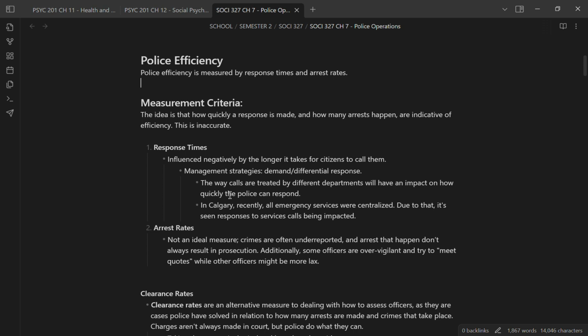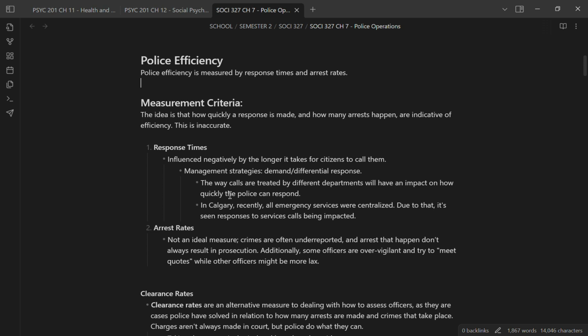So just to quickly address the first one, response times, the reason that this can be inaccurate is because response times can be influenced by other variables, right? You're not getting the clear picture, so they are negatively influenced by the longer it takes for citizens to call them. Within these calls, there are two different management strategies called demand and differential responses.